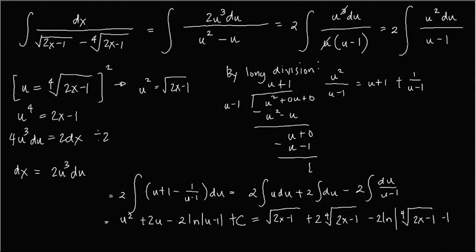Wala po sa loob yung ano, no? Yung 1. So, this is plus c. Alright, so this will be our final answer for this problem. And we will proceed to our last example for this video.